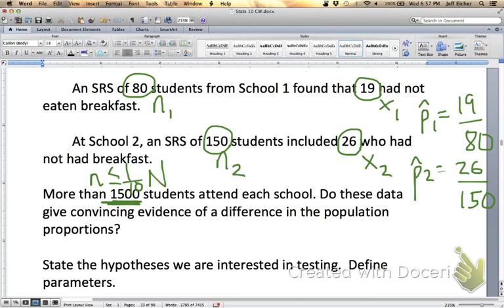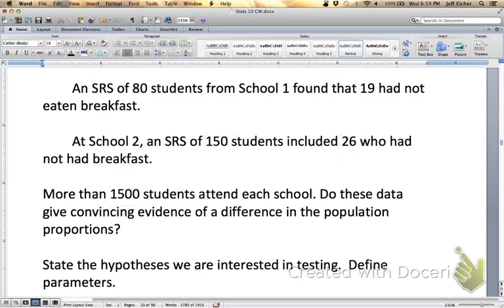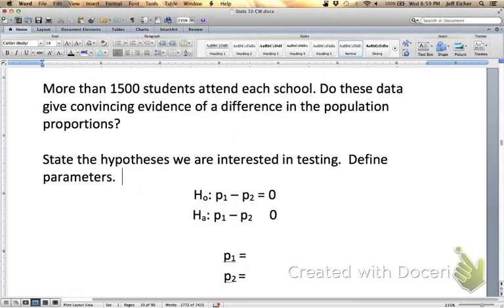State hypotheses. If you haven't stated hypotheses yet, you should pause the video and do that. Remember to define your parameter. So the null hypothesis looks the same as usual.